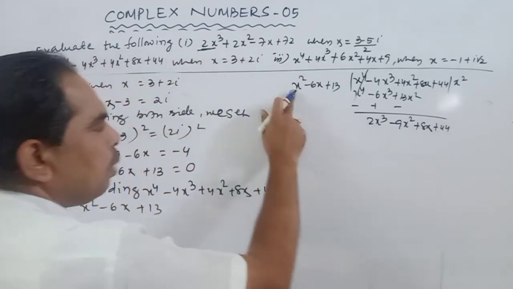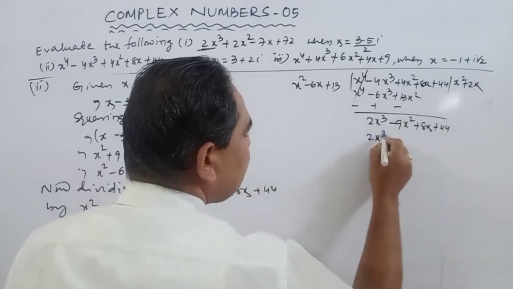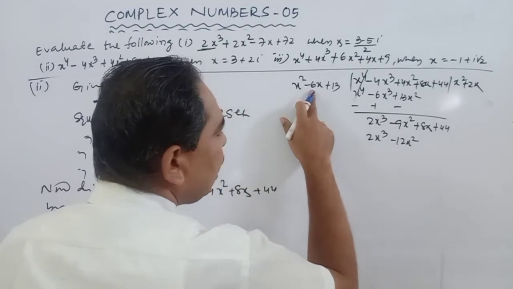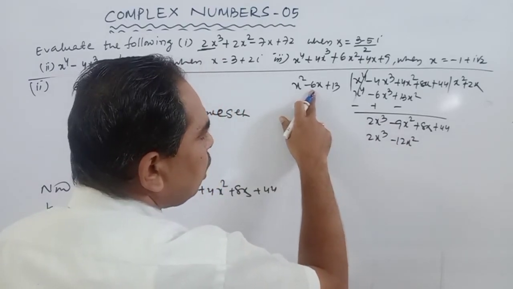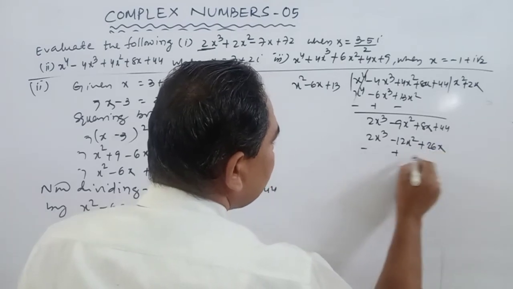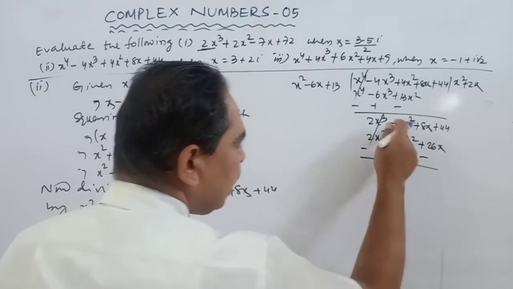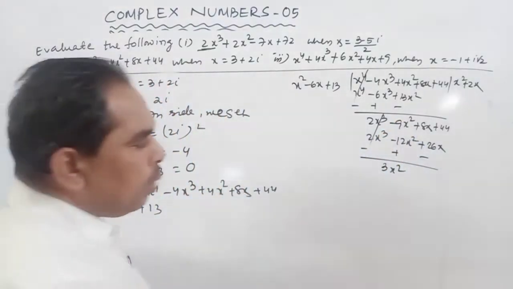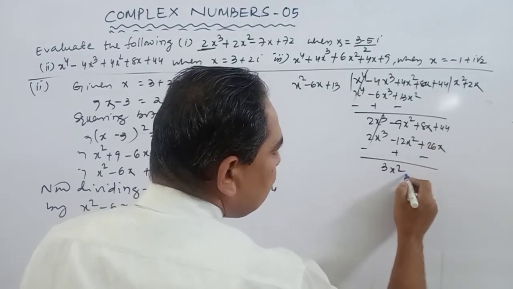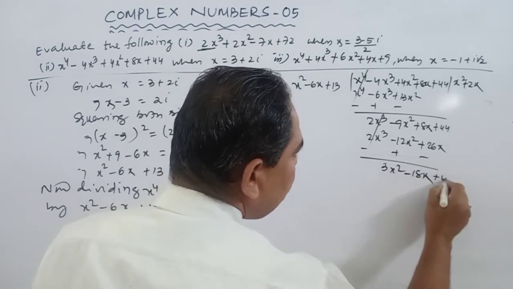Again 2x cube divided by x square is plus 2x. So plus 2x, this is 2x cube minus 12x square plus 26x. Minus plus minus cancel. So this is 3x square minus 18x plus 44.